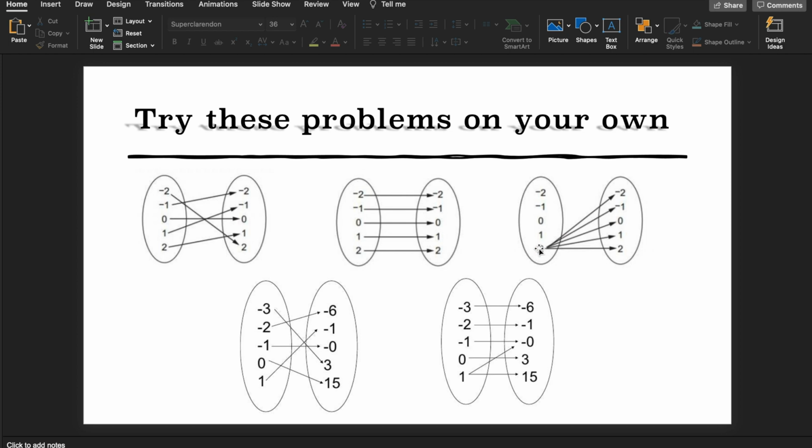No. One value of x is being mapped to multiple values of y, so obviously this is not. Even this is true for this one because 1 is being mapped to minus 0 and 15, so this would not be a function. And this one would be a function because one value of x correlates to one value of y.